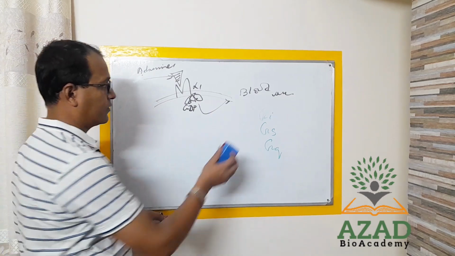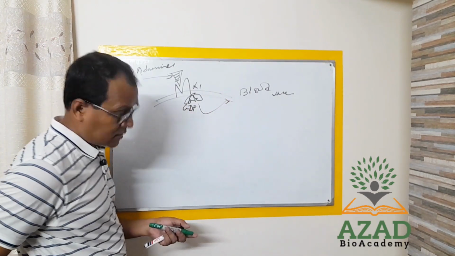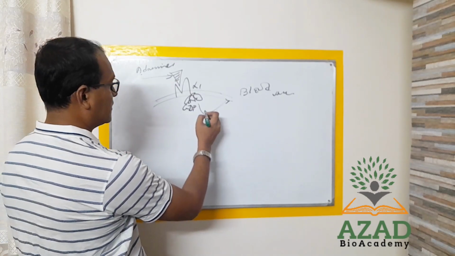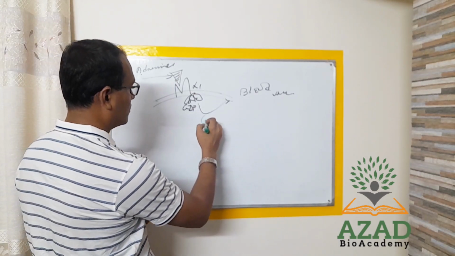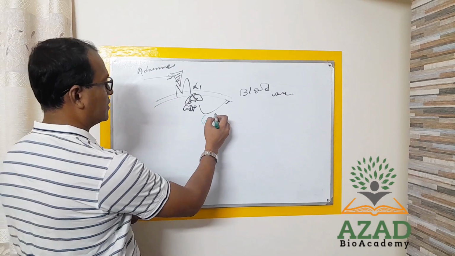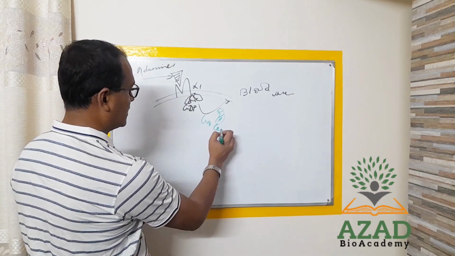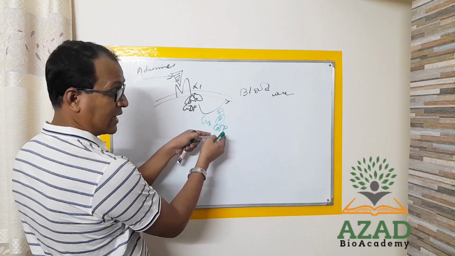So now come to the point. This G protein coupled receptor alpha 1 is a type of G-Q. If you think this is the alpha part, here GTP is attached because it is active.